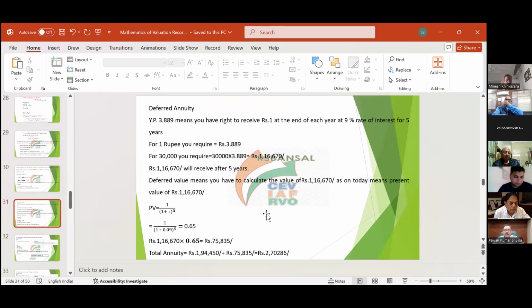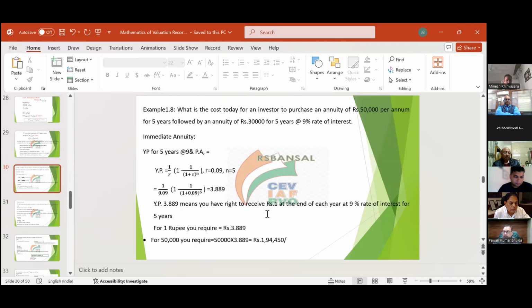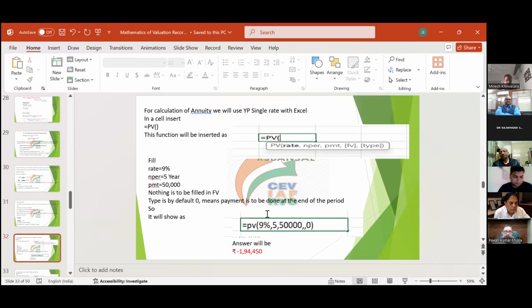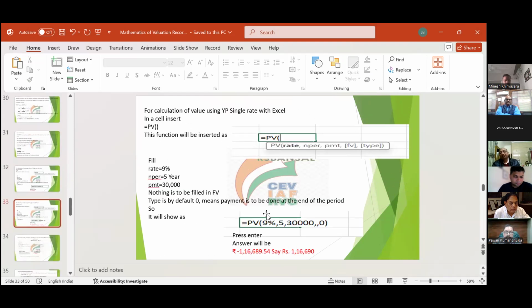See here. You can fill it as rate is 9%, NPER is 5 years.